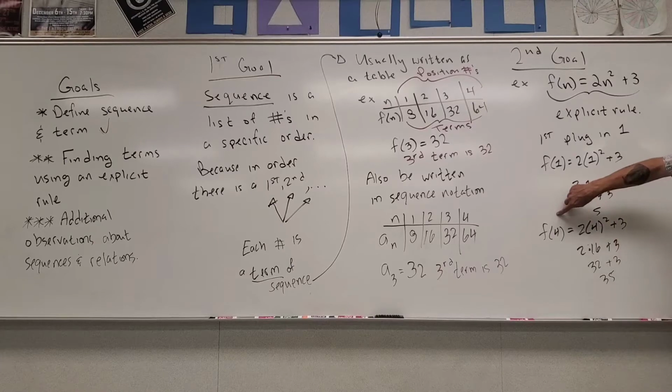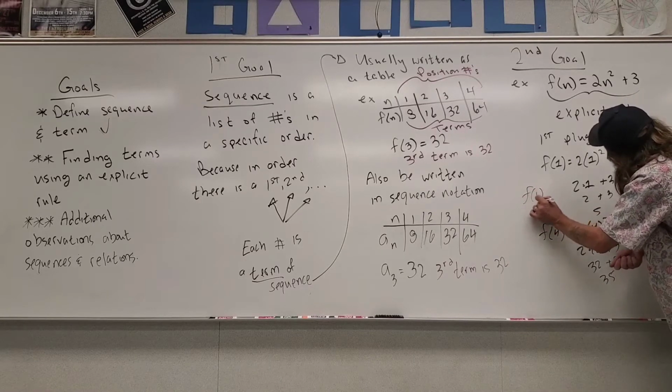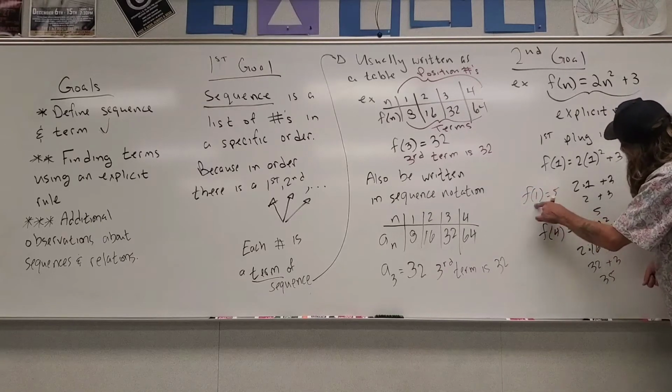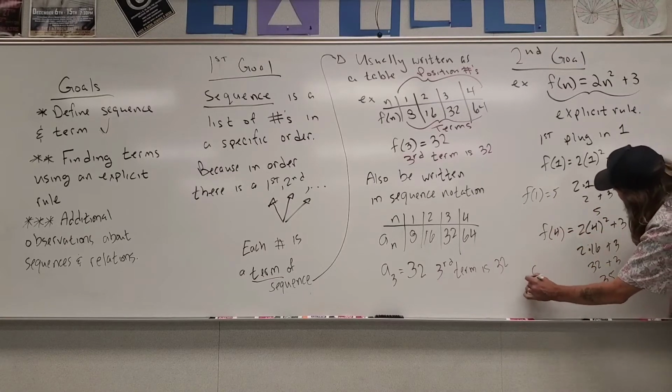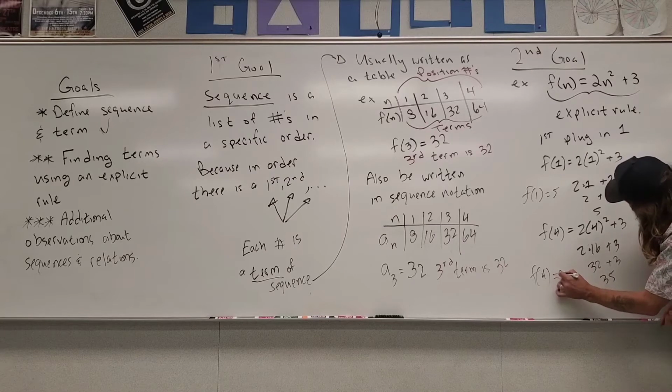So my fourth term created by this explicit rule is 35. Right, I should just write that off in sense. F of 1 equals 5. So my first term is 5. My fourth term is 35.